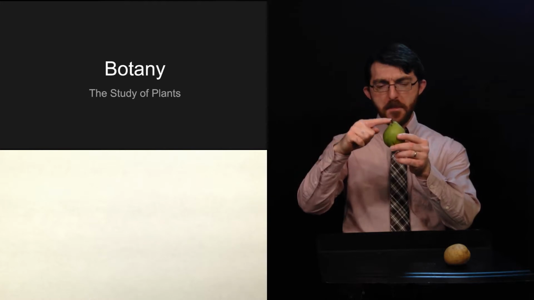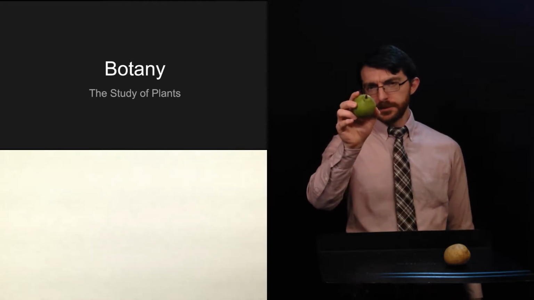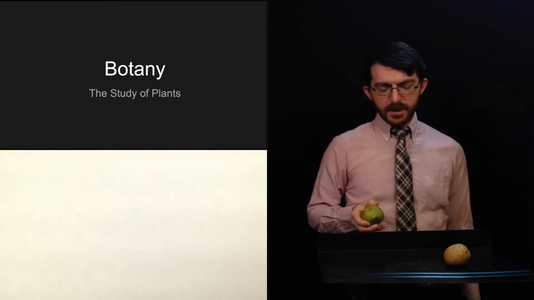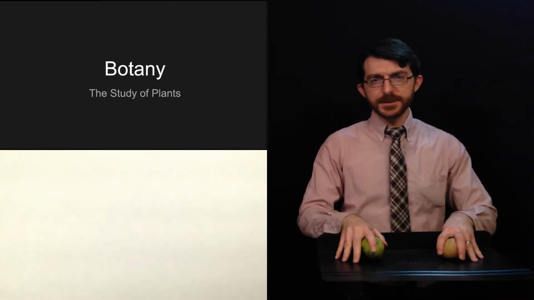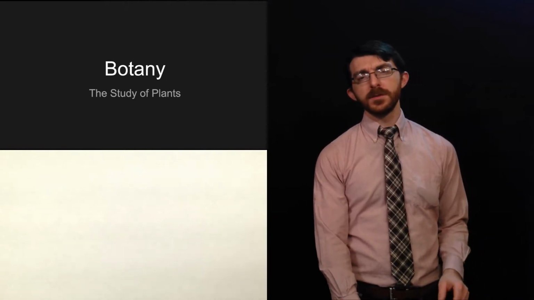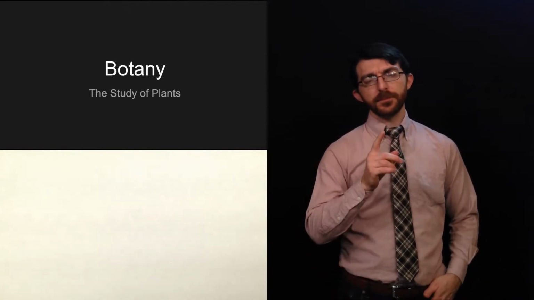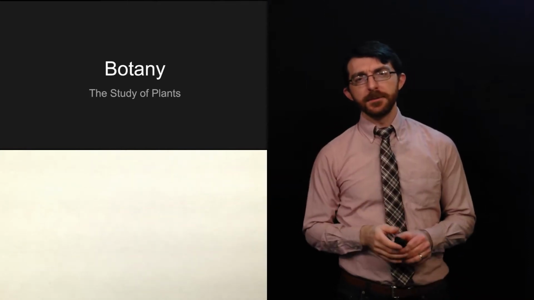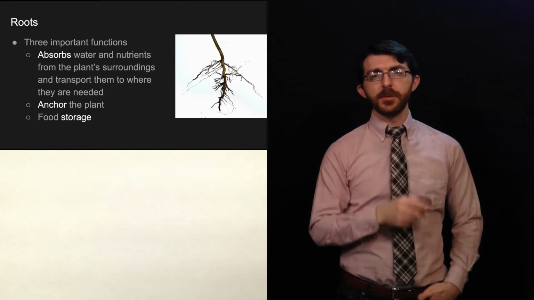This little guy right here. You ever eat the stem? No? I didn't think so. Stem doesn't get a lot of love, does it? Well, we're going to be talking about roots and stems. Maybe the stem will get a little bit of love this time. Who knows? But let's begin with the roots.